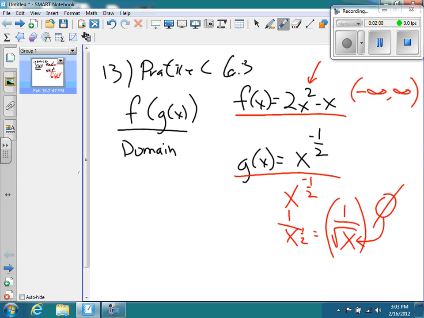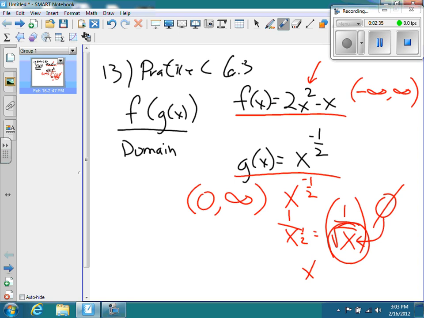And the other thing I know is that x cannot be negative. So I can't have any negative numbers because I can't take the square root of a negative number in the domain of this function. So I think my domain of g of x is going to be positive real numbers, which I can write as parentheses 0, comma, infinity.